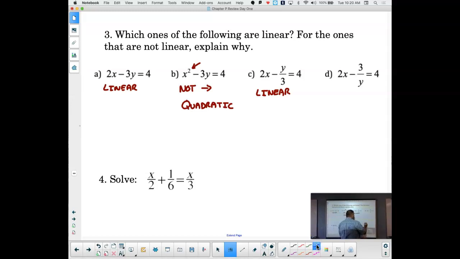If I rewrite D as 2x minus 3y to the negative 1 power equals 4, now I have an exponent not equal to positive 1, so therefore this is not linear. It's not linear because of that negative 1 exponent. In order to be linear, all of my exponents must be positive 1.